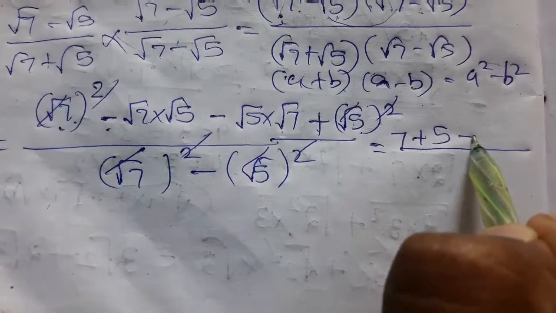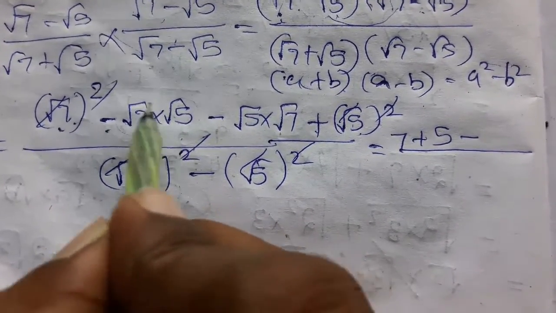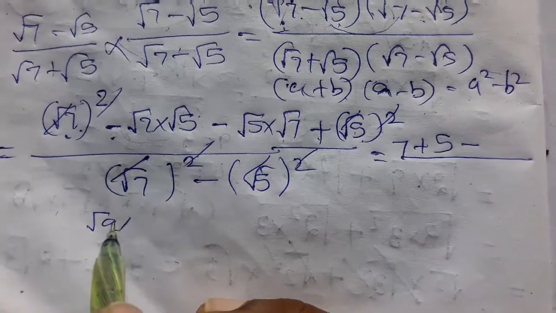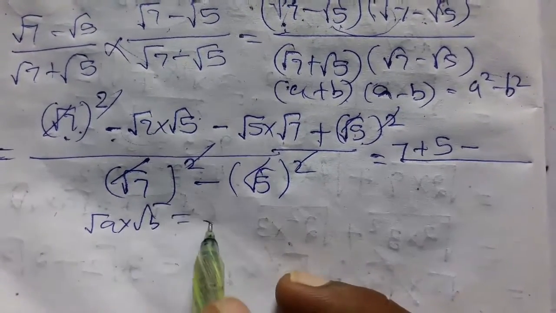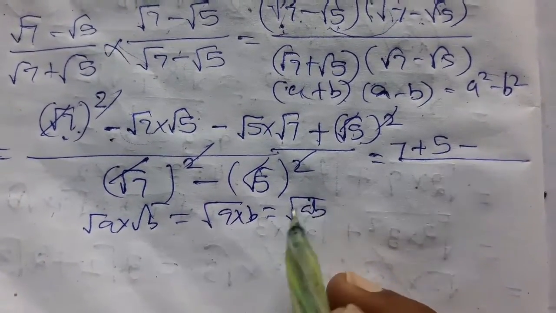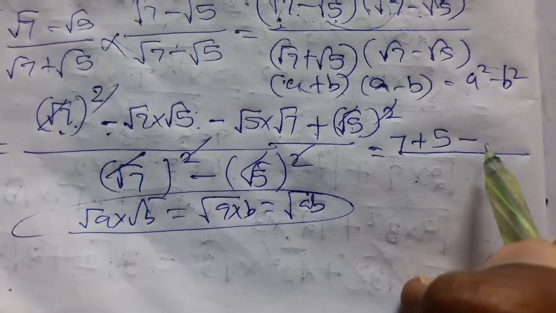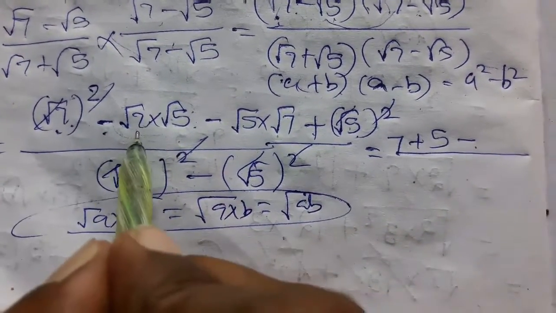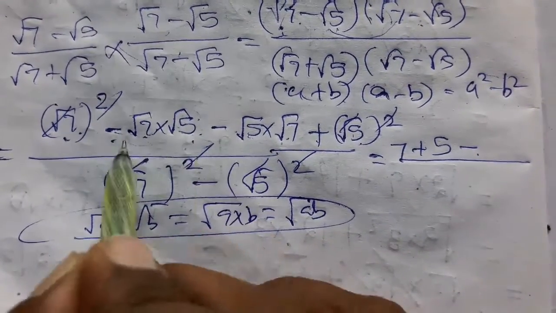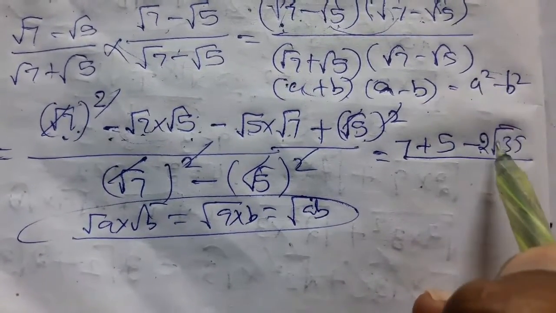Next minus, both are having the same root. That means root a into root b is equal to root of a into b, root ab. This formula is used here. So 7 fives are 35. Here also 7 fives are 35. Both are having minus, so minus 2 root 35.